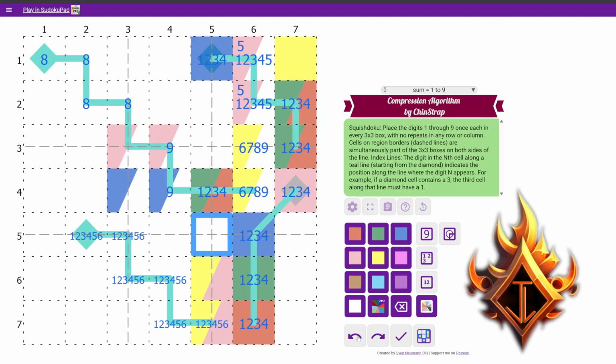Oh, well, let me back up. This could have just been yellow, huh? Because it would have been in both. I have to be careful about that. As in this cell.